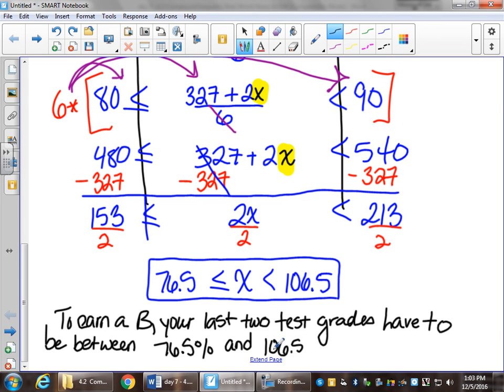I'm going to put that in parentheses because that's assuming there's extra credit. And notice how it says strictly less than. I have to clarify, not including 106.5%.